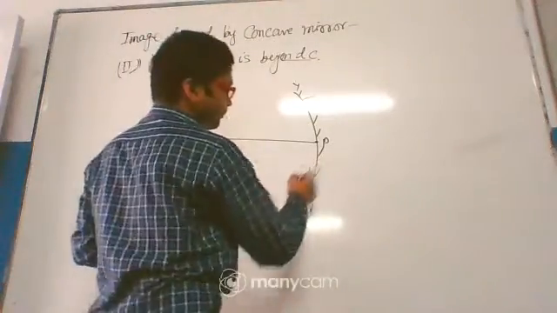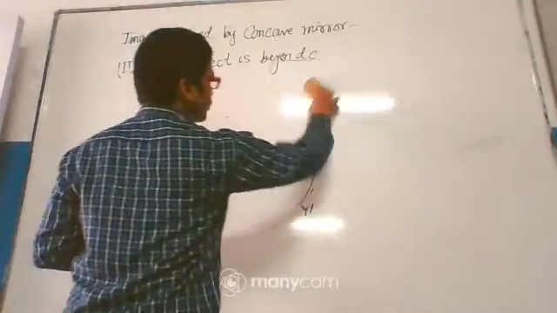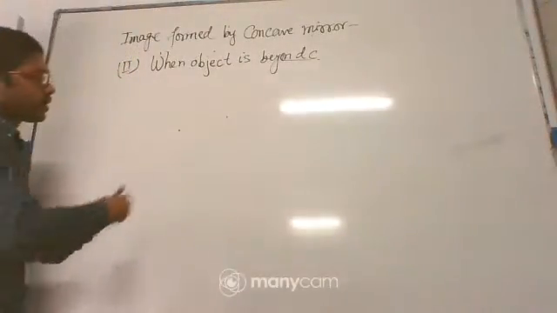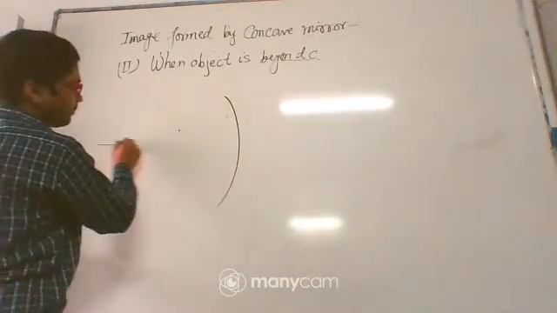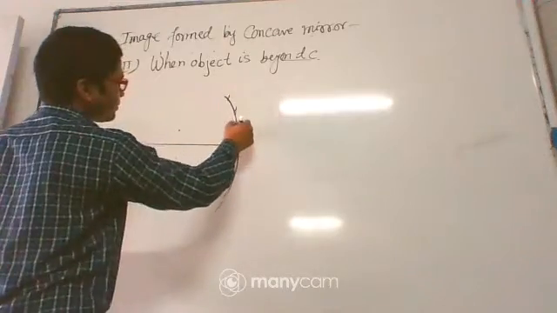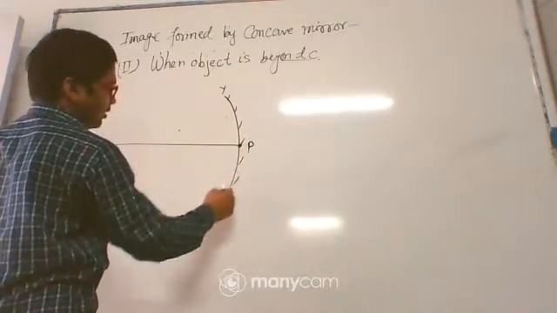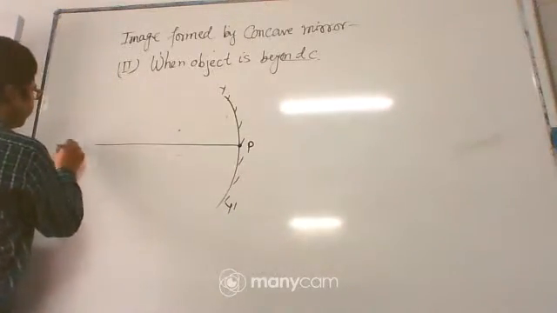Let me draw the diagram right left, so it will be more visible to you all. I will draw like here, and this one is the mirror. This one is Y, P, Y dash. This is the middle.